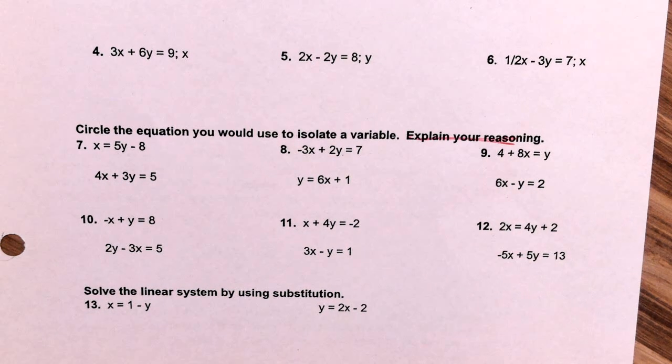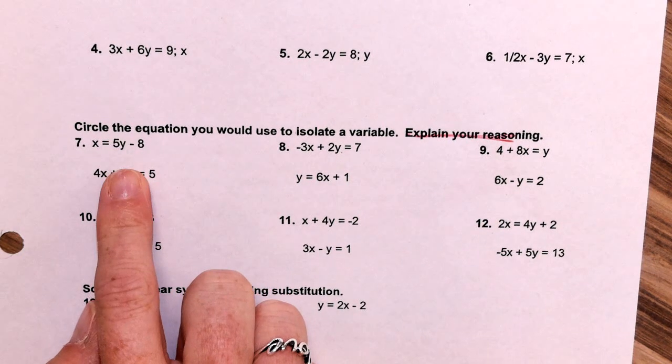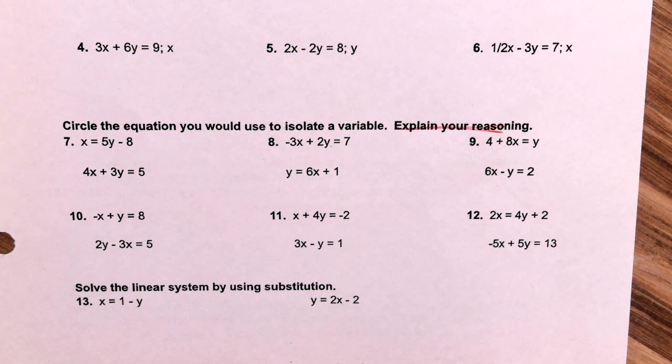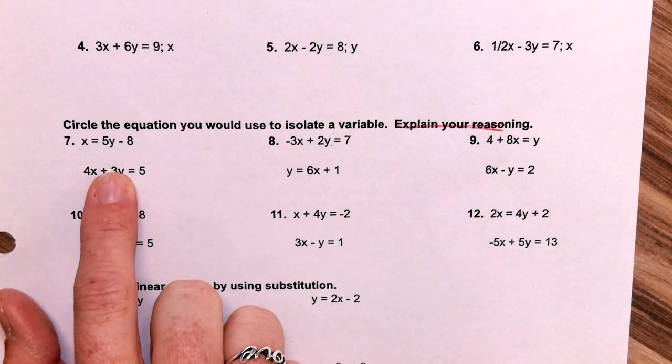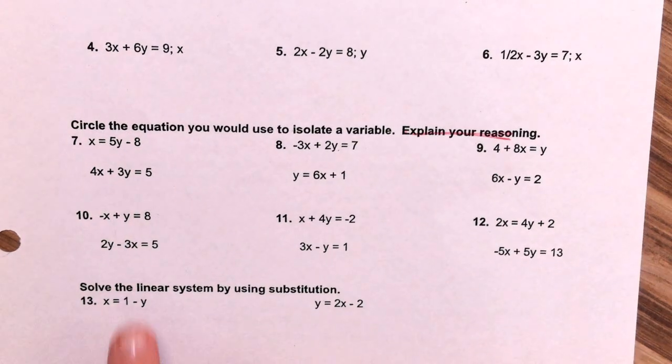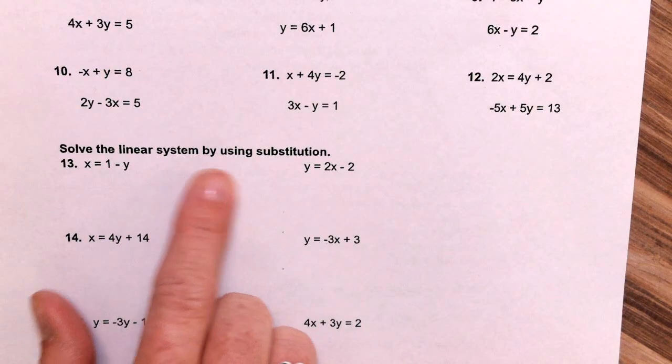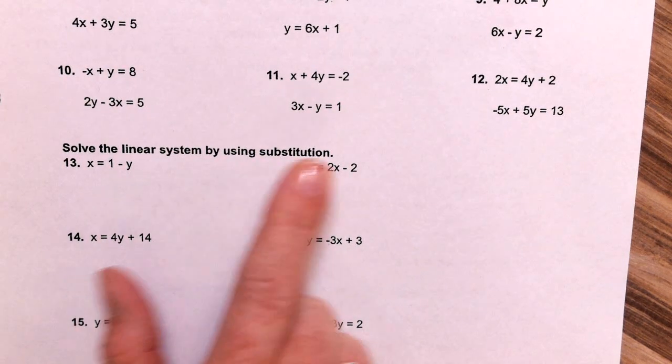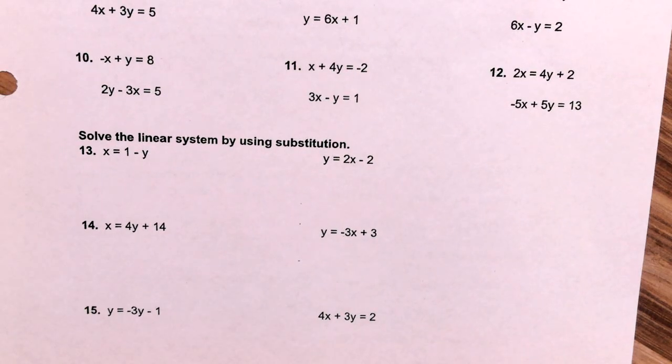Number 7, obviously, which one would I circle? Which one would you use? Why? It's already done. You see what I'm saying? So if you circle this one, it's clearly wrong. It's saying basically circle the one that would do the less work for you, would be easiest. All right, 13 through 18, you are going to solve the linear system by substitution. So that's literally what we just learned.